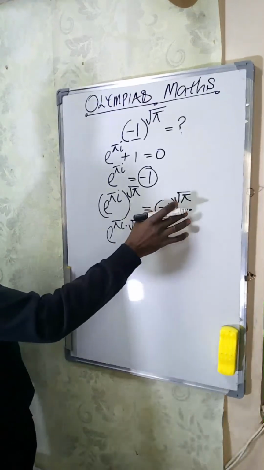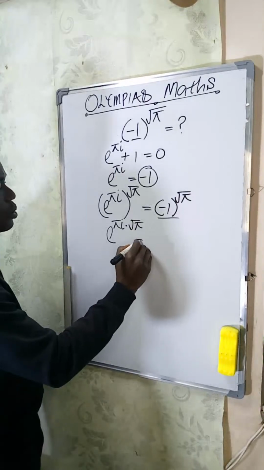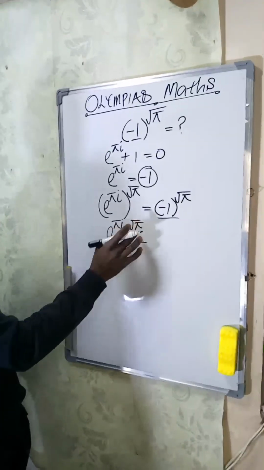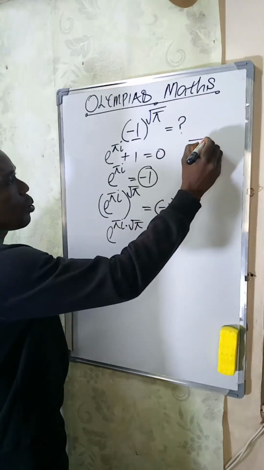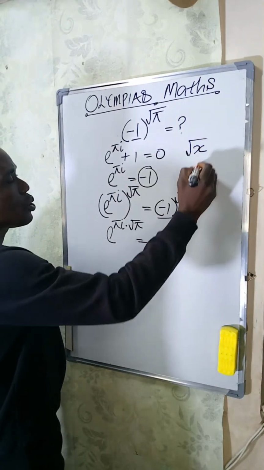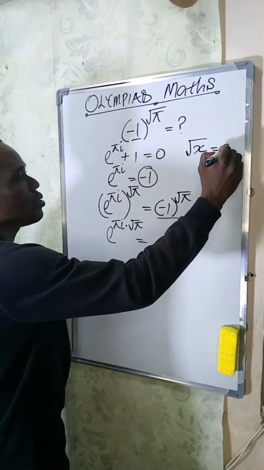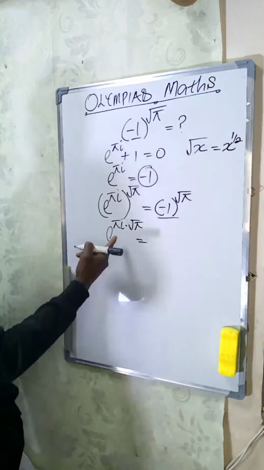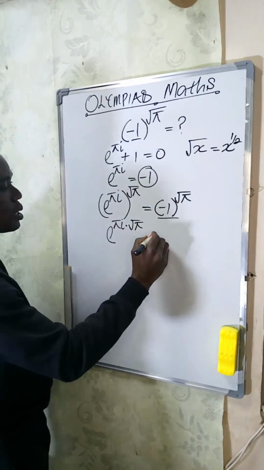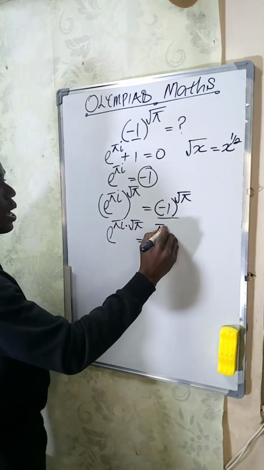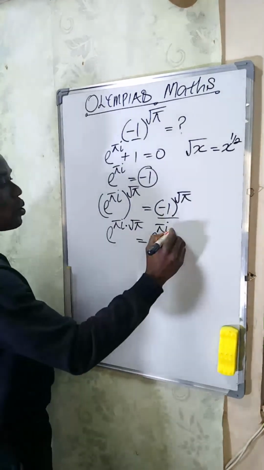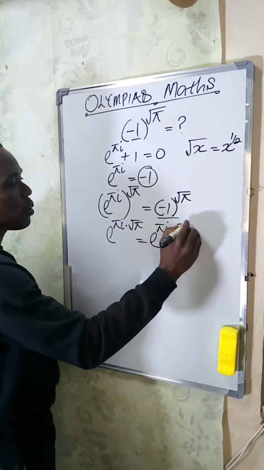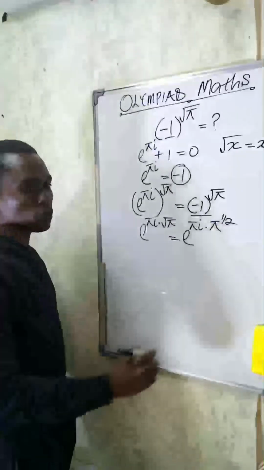So I won't be repeating this. And this is going to give me, remember, according to the law of indices, if I have x times the square root of x, this is going to give me x to the power of 1 divided by 2. So that means this expression is going to give me e to the power of pi i multiplied by pi to the power of 1 divided by 2.